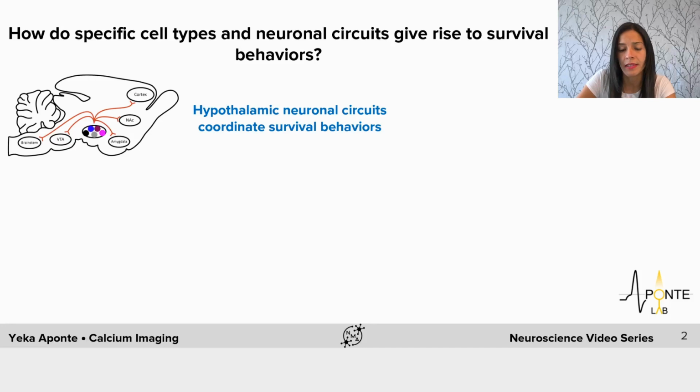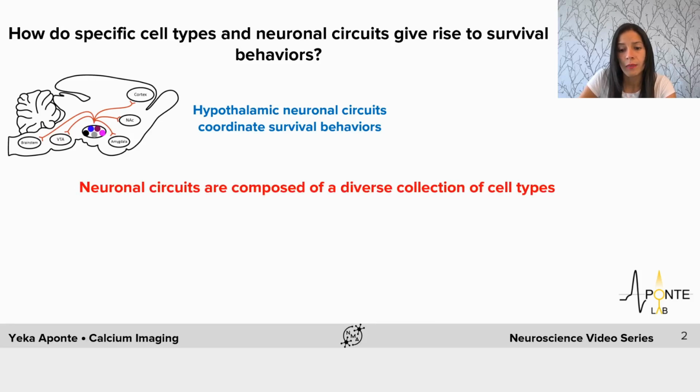So pioneering studies have identified the hypothalamus as a brain region that regulates survival behaviors, such as feeding, drinking, mating, sleeping, fear, aggression, and nociception. Now, we know that those hypothalamic circuits are composed of a diverse collection of cell types where each performs specific functions and has a distinct set of synaptic connections.